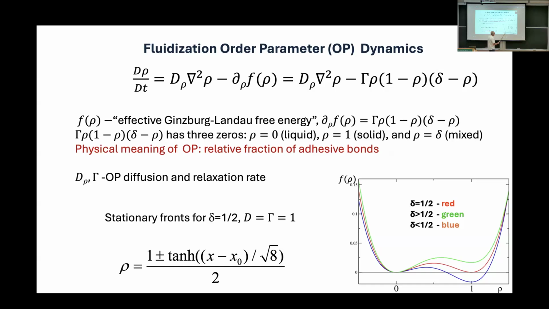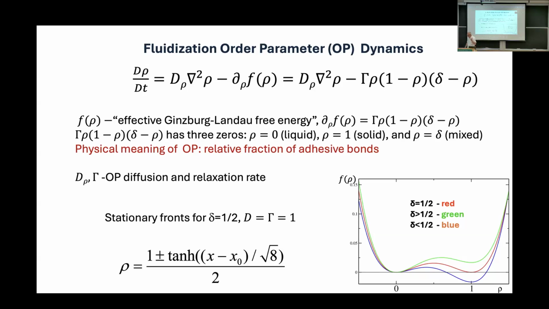It has a potential with two minima, which you can introduce as a free energy, a fictional free energy with two minima. One minimum corresponds to solid, 1, and the other to liquid, 0. The relative depth of these minima is controlled by the parameter delta, and delta, in turn, depends on the applied shear stress.